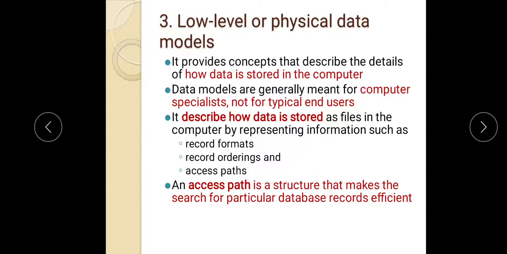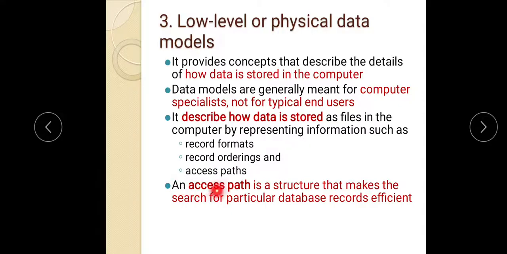So the low level or physical data model describes how data is stored in the database or in files. For describing how data is stored, it requires three pieces of information: the record format, the record ordering, and the access path.